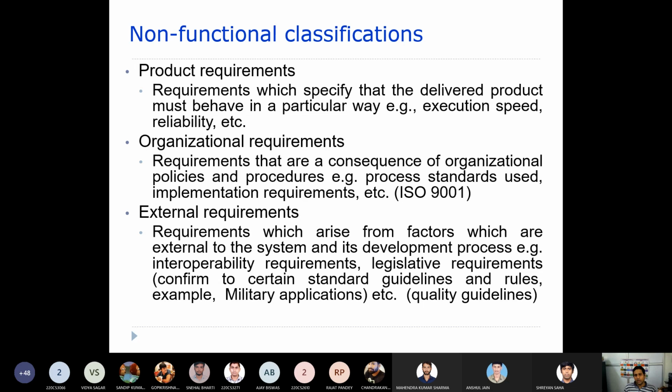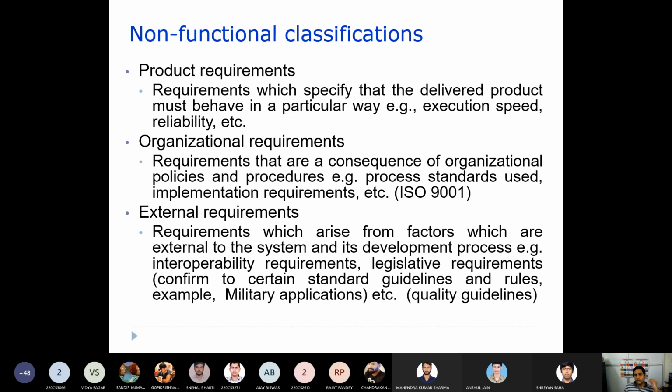And the organizational requirements are something like this. You should be following certain policies and procedures. This sort of non-functional requirement is met only when it follows some sort of standards.